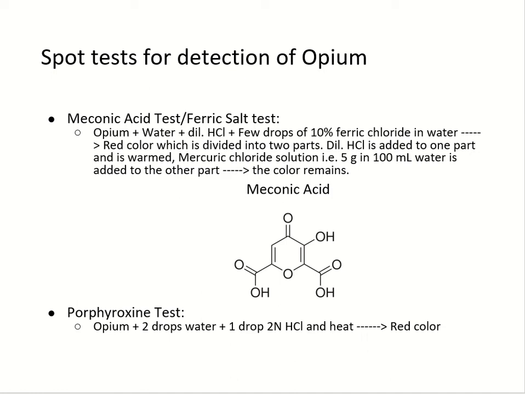To the other part, mercuric chloride solution is added. The color remains the same, that is red. Another test is the porphyroxine test. To the sample, one drop of 2 normal HCl is added and heated and the color changes to red. These tests are used to differentiate opium from opioids and opiates.